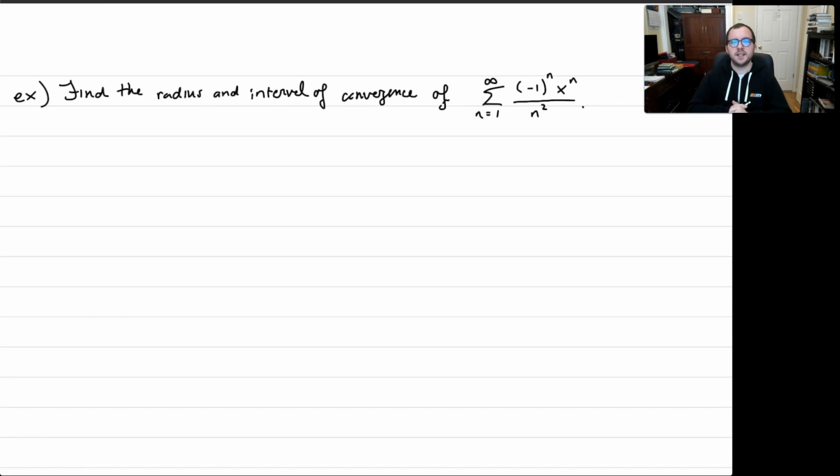Let's find the radius and interval of convergence for this alternating series x to the n over n squared. Again, no surprise, since we have some exponents in there, we're going to find the absolute ratio and take its limit.